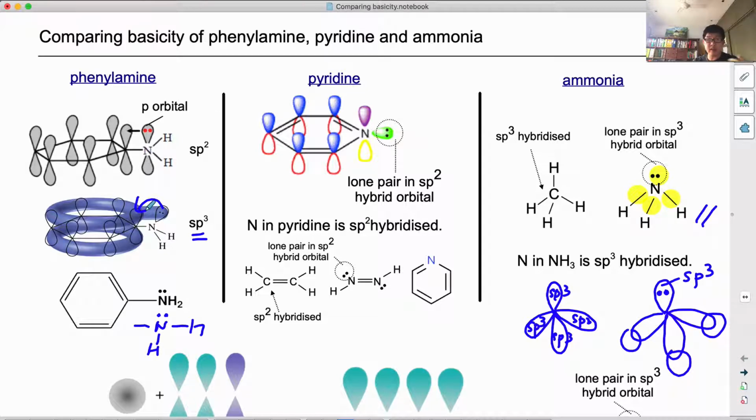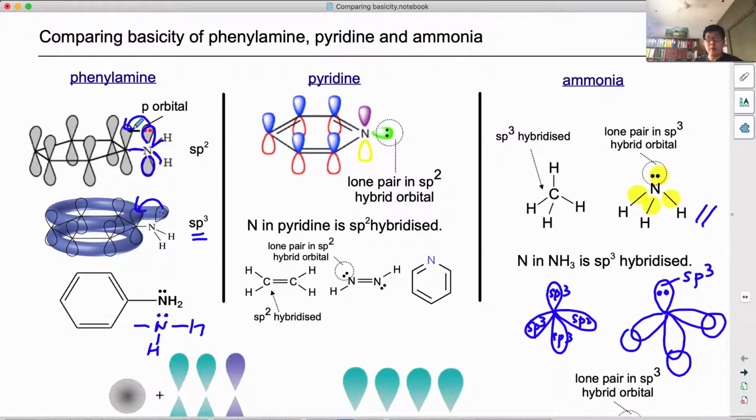Once it undergoes sp2 hybridization, it ends up with a trigonal planar shape, and the lone pair ends up in the p orbital. The lone pair can then delocalize into the benzene ring.